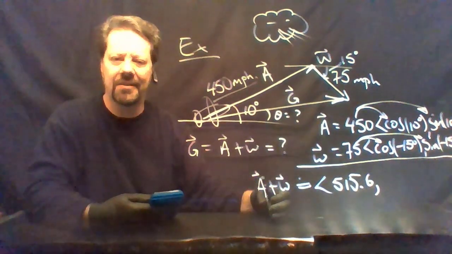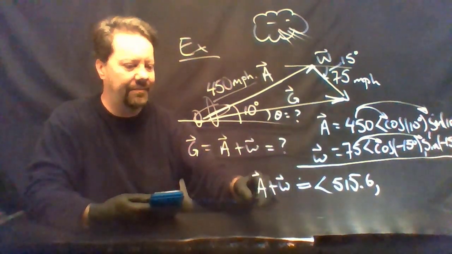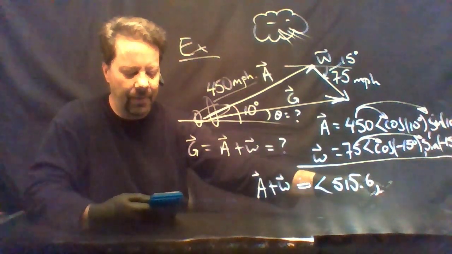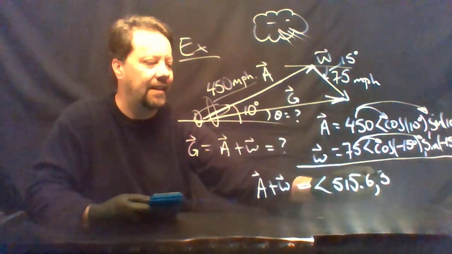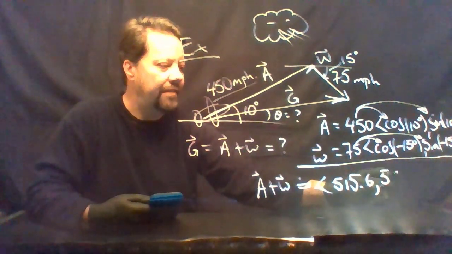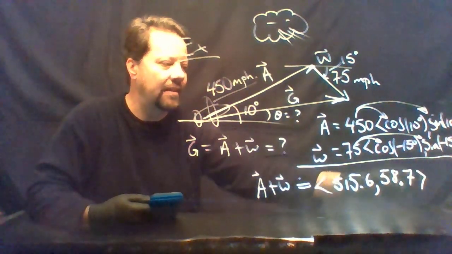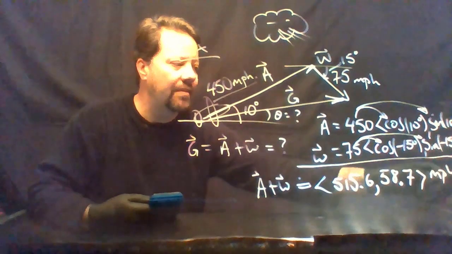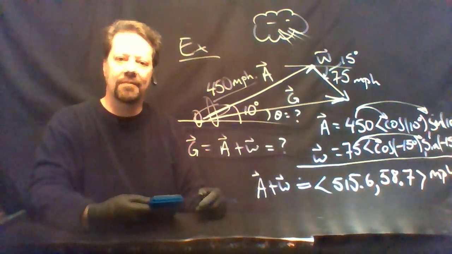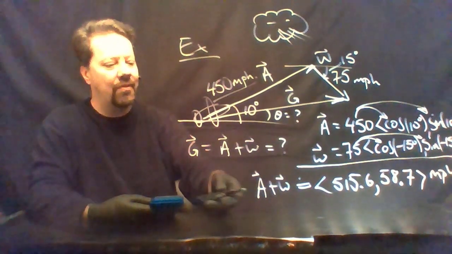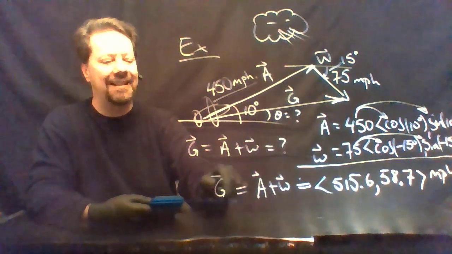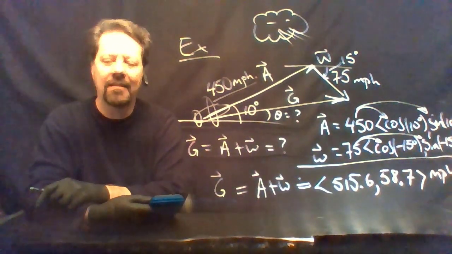We'll give this to the nearest tenth of a mile per hour at this level. And for the y-coordinate, I'm getting 58.7. The units are, of course, miles per hour. So I now know the ground velocity vector.